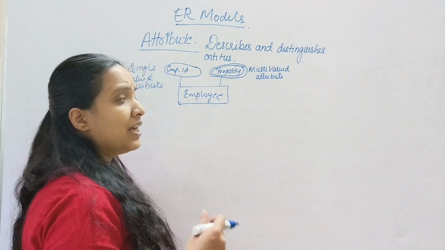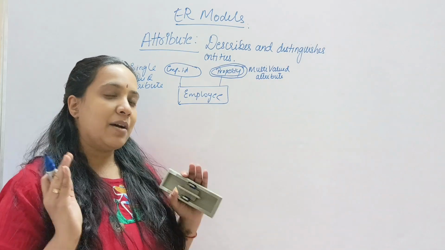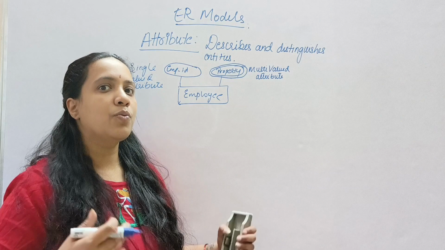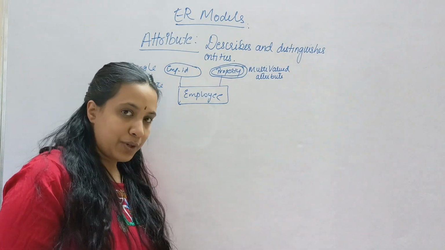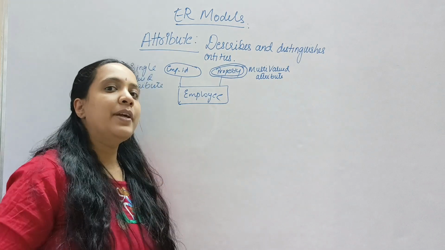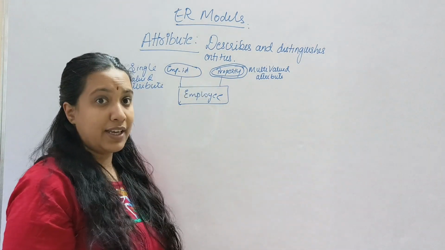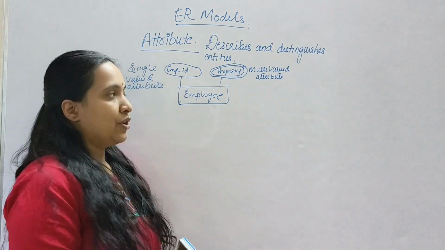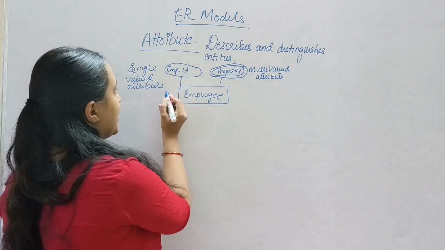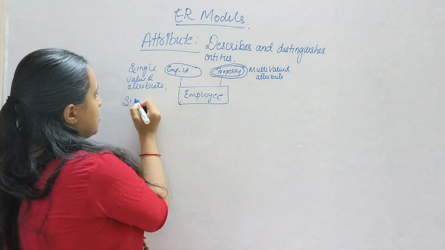Now the next example is about the simple attribute. What is a simple attribute? A simple attribute is an attribute which cannot be divided further. Let me again consider employee ID. Can you divide employee ID further into other attributes? No. So this is a simple attribute.